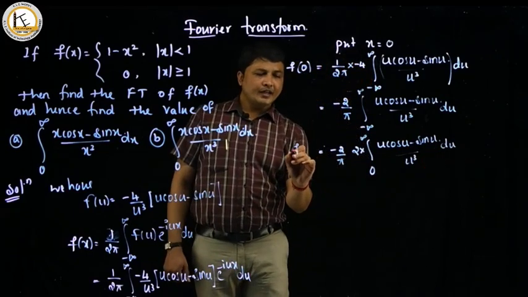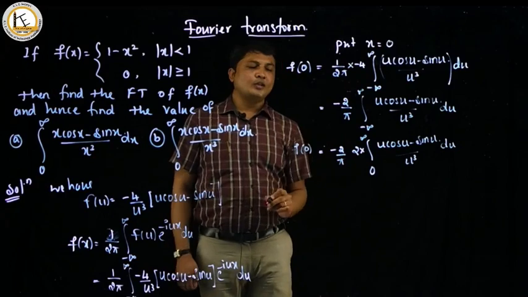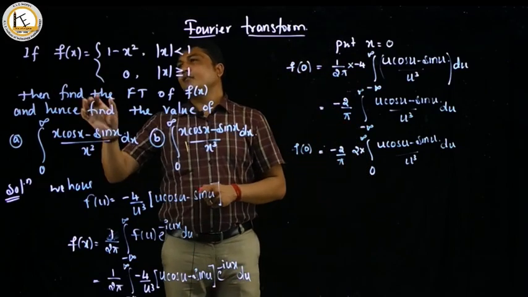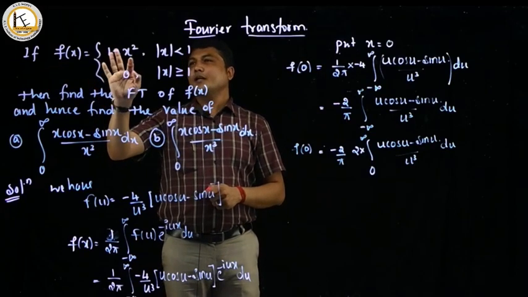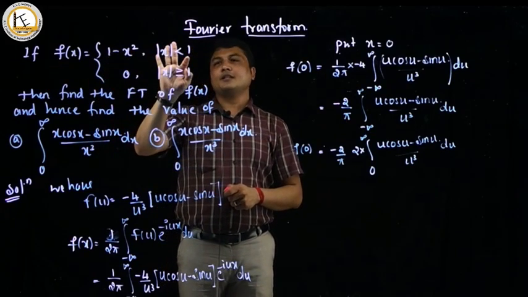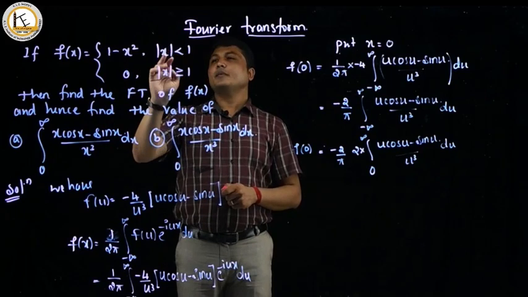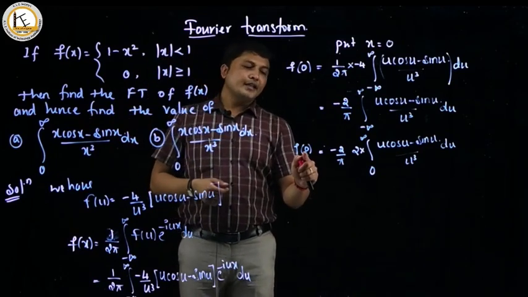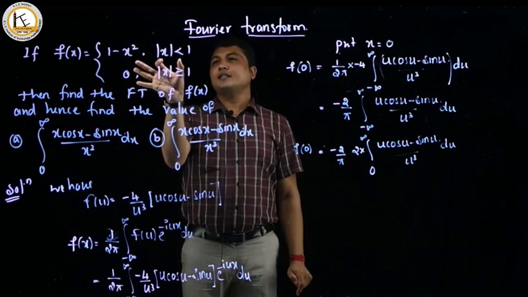And here we have f of 0. Then what is the value of f of 0? Since we have the function f of x equal to 1 minus x square for mod x less than 1, mod x less than 1 means x lies between minus 1 and plus 1. Therefore x equal to 0 lies in this range.